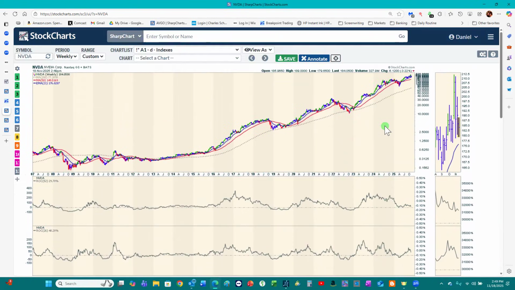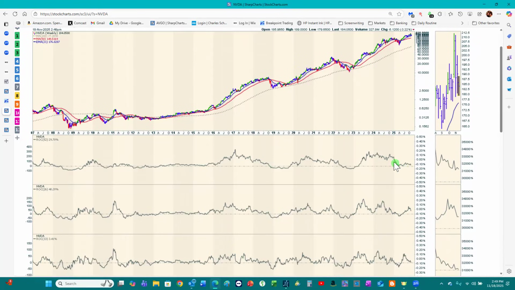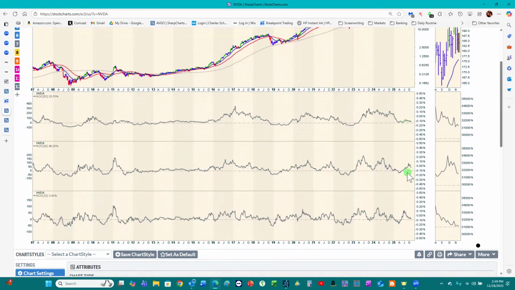In general, the price is still moving up, but rate of change is coming down. So momentum is declining over a 1 year period. It's starting to move down on the 6-month period, and it's definitely moving down on the quarterly period.